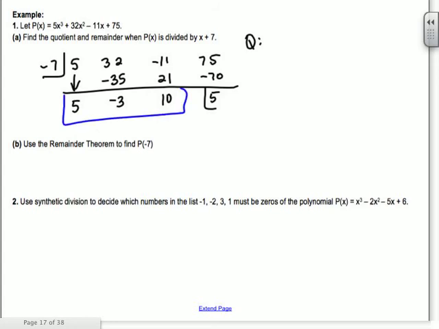So your quotient can be found right here. Remember, I always said if it started with x cubed originally, then your quotient is going to start with 1 less. So it's going to be x squared. So your quotient here is going to be 5x squared minus 3x plus 10. And your remainder is that last number, so it's 5.